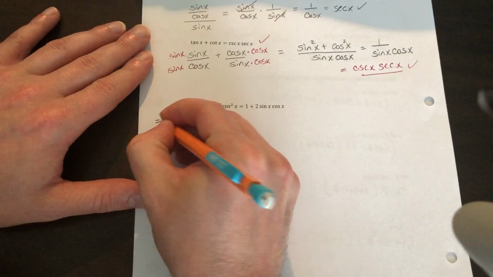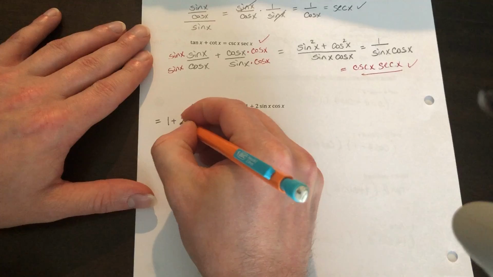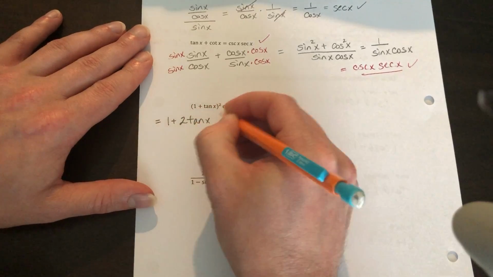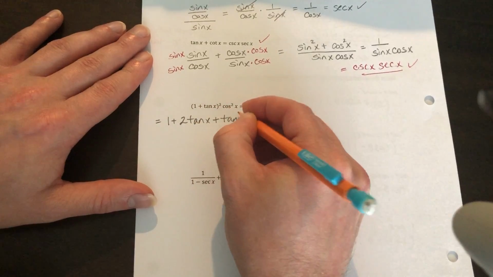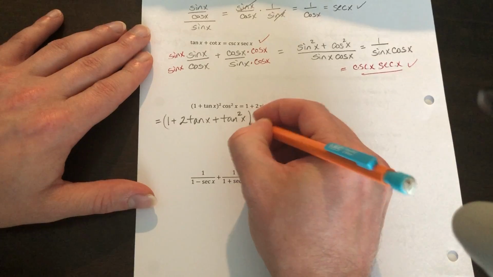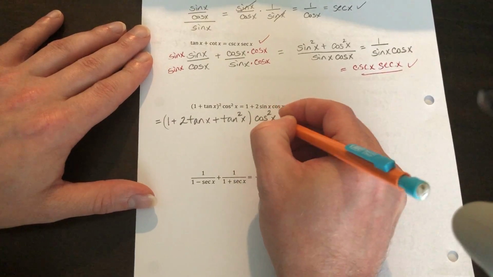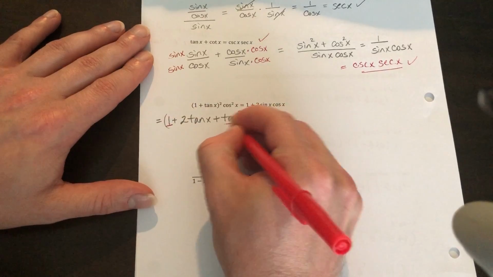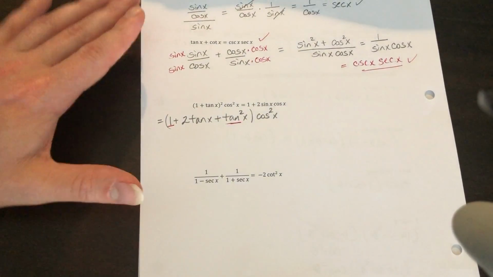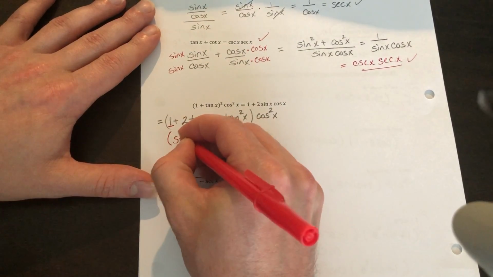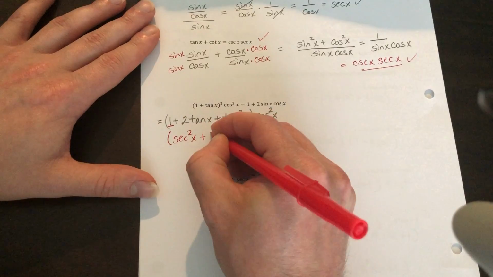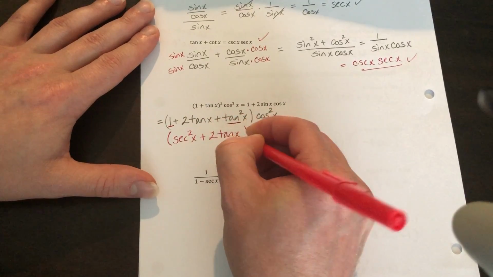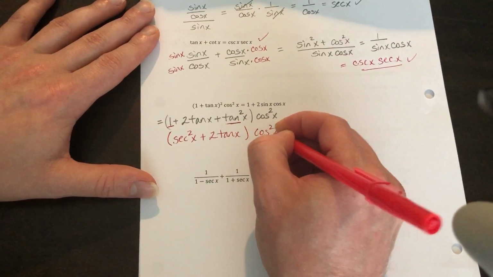So I'm going to square the first, take the 2 in the middle and double it, square the last term. Like that. Now, I know that 1 plus tangent squared is equal to secant squared.